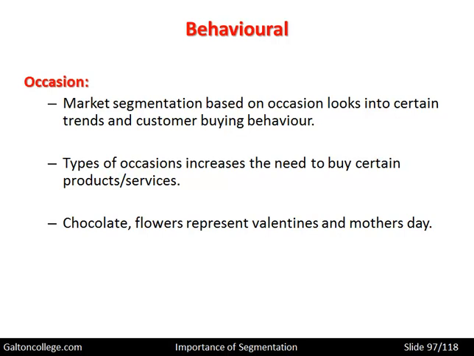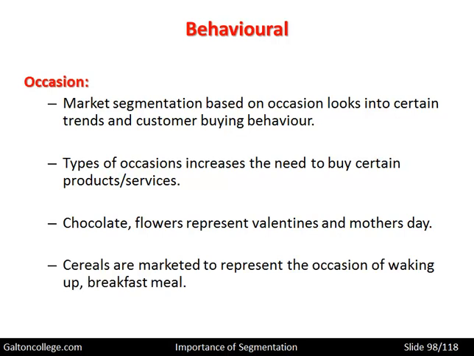Now these may go together. Cereals are marketed to present the occasion of waking up, breakfast meal. So it's an occasion. We wake up, so we have cereal. But we need to identify the occasion. Why does this time require that product?